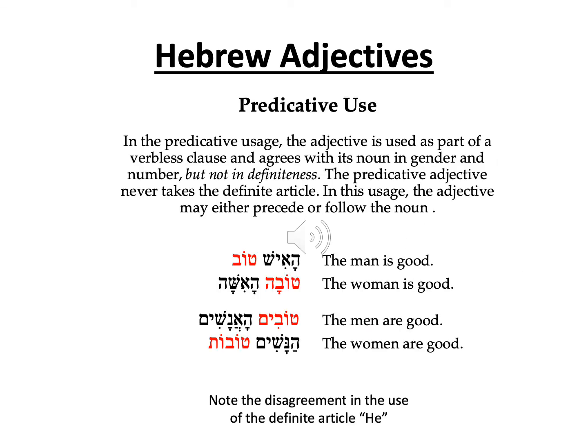There is, however, another option of usage rather than the attributive pattern, and that is the predicate pattern. You'll probably remember from grade school that predicate usually means everything not including the subject, generally the verb and everything after the verb. To get to the adjective in the predicate, we basically need a verb or need to supply a verb, usually a helping verb, except that Hebrew doesn't use helping verbs.